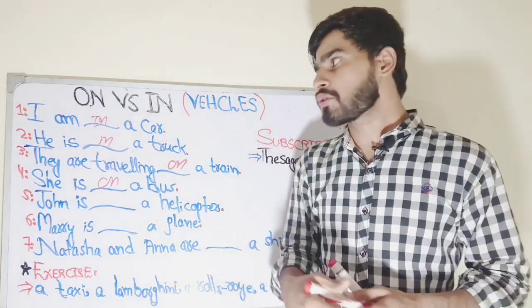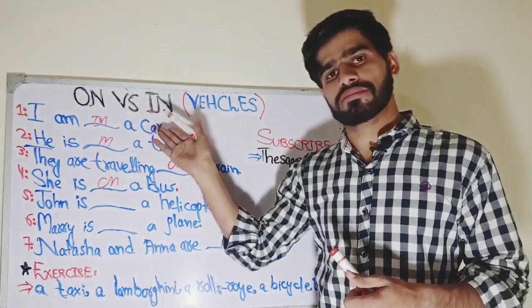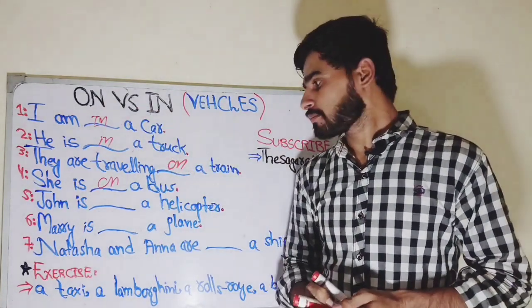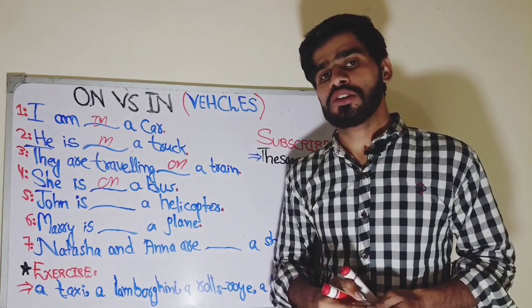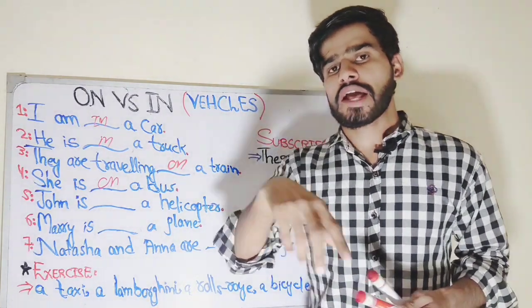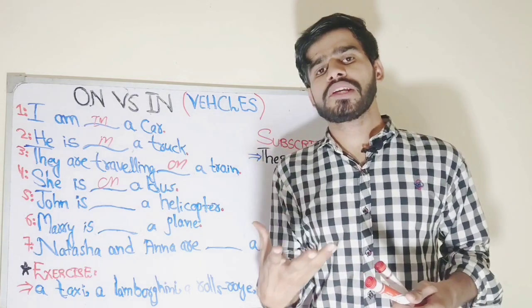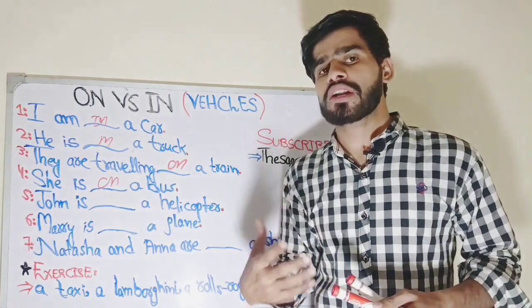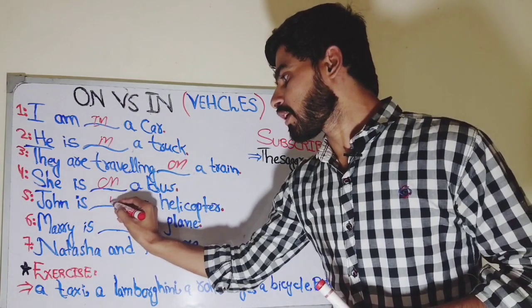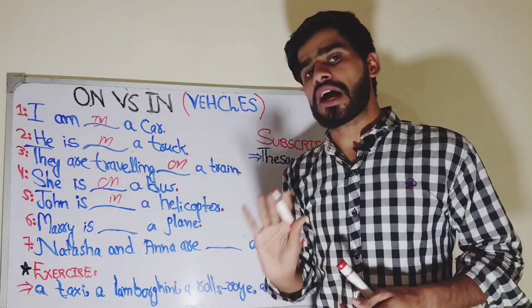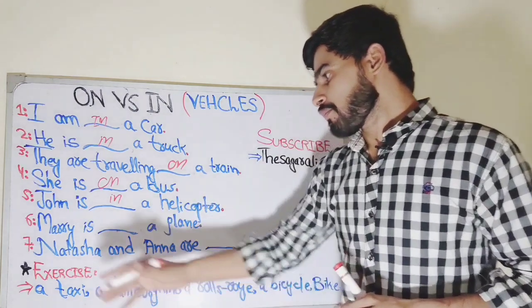So which preposition is appropriate, on or in? The answer is in, because you cannot walk in a helicopter. If you can walk in a vehicle, use on. So here, John is in a helicopter.